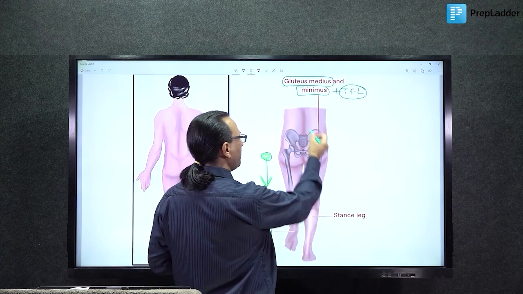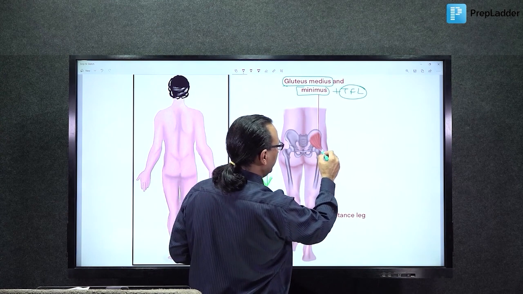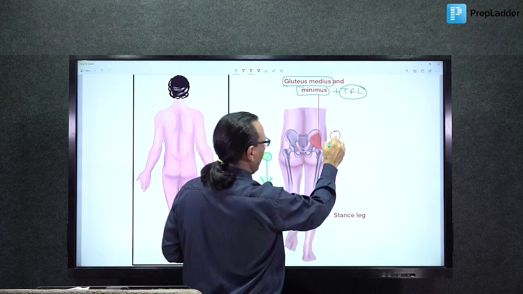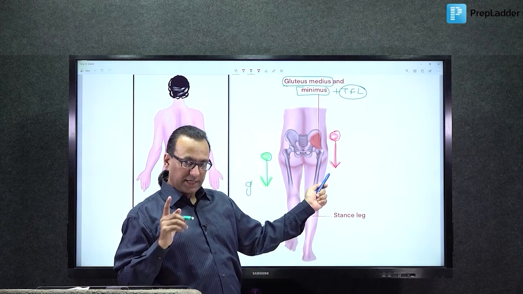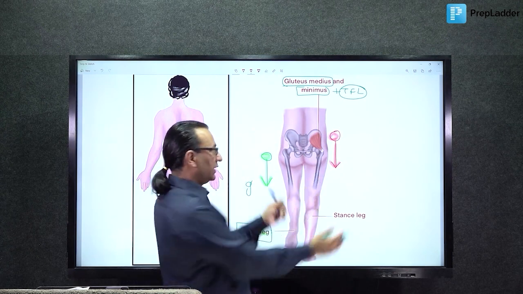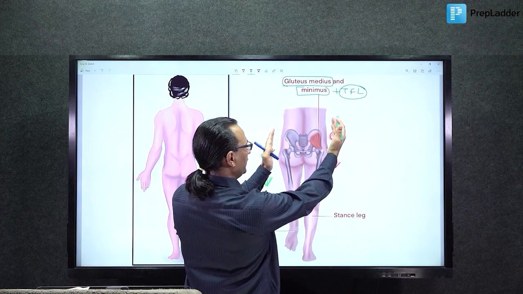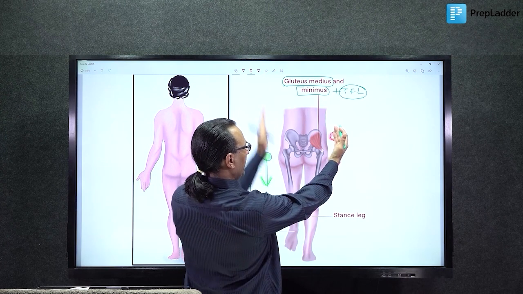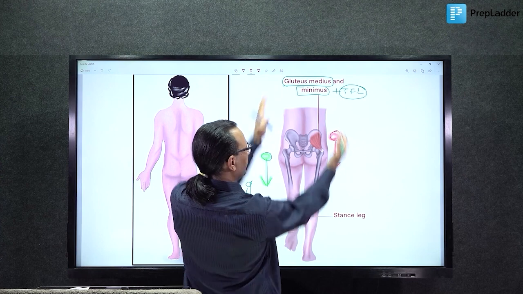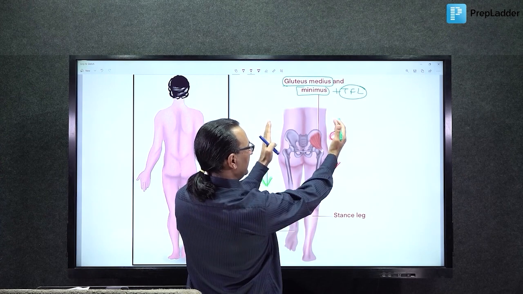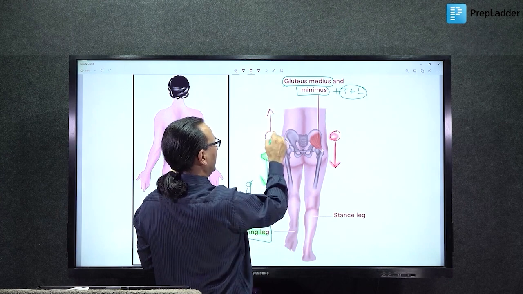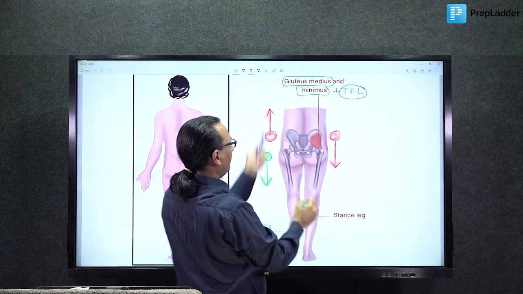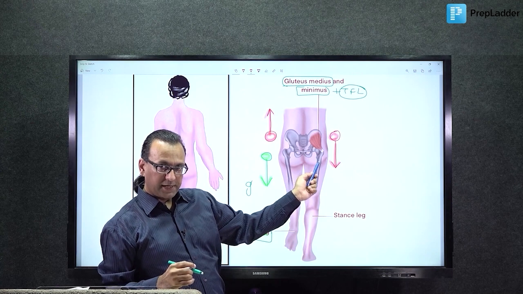So what is this trio muscle doing then? They will be pulling the right pelvis down. And what will happen if you pull the right hip bone down? See, pelvis is a single unit. If you're pulling it from one side, automatically the other side will go up. It is like this. There will be a pelvic tilt. Then they are creating a vector which will pull the pelvis on the other side upward. This is called pelvic rotation.